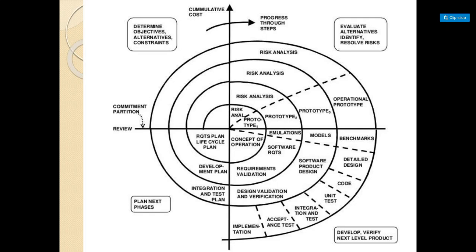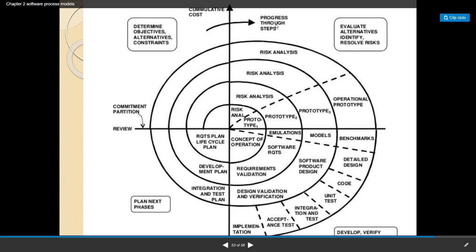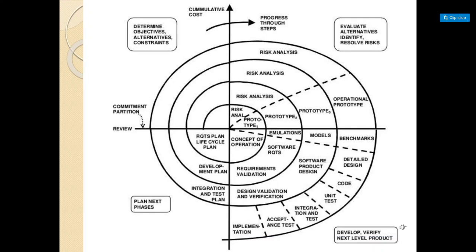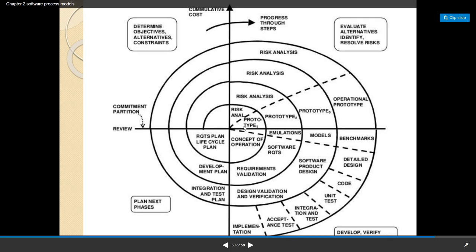Okay, so next the process goes through steps. First thing in that is risk analysis. Then prototype 1 is developed. Next it comes to develop and verify the next level product. In that, again, the concept of operations, how actually this part is operated, comes.